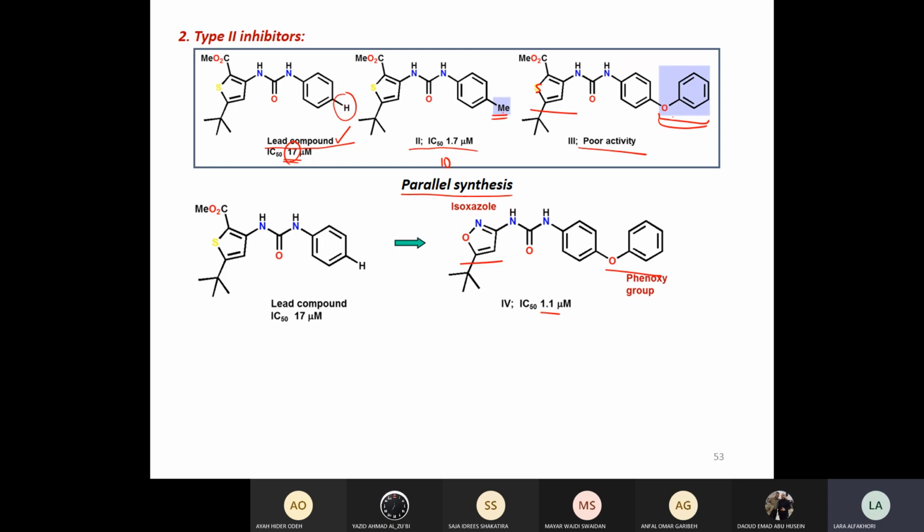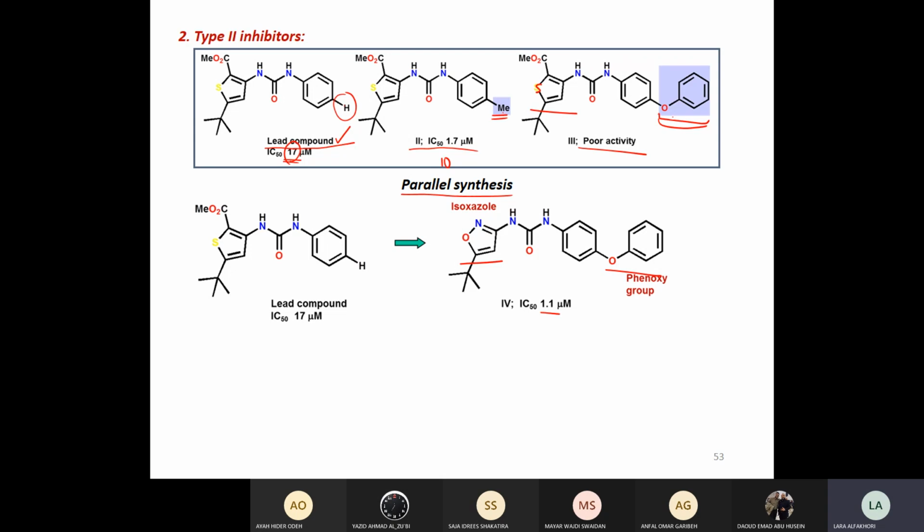Sometimes one modification may give bad activity, but if you make more than one change at the same time, this may give rise to even more enhanced activity, much better potency towards that target kinase. Okay, this is what I just need you to understand from this slide: the variations, or what is meant by parallel synthesis.